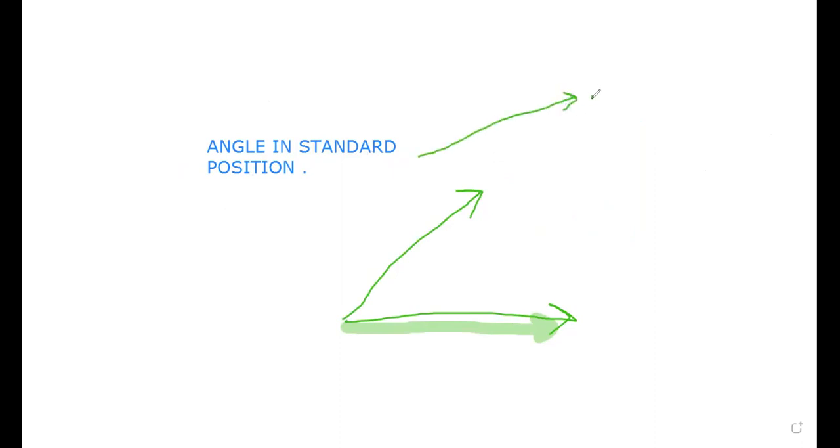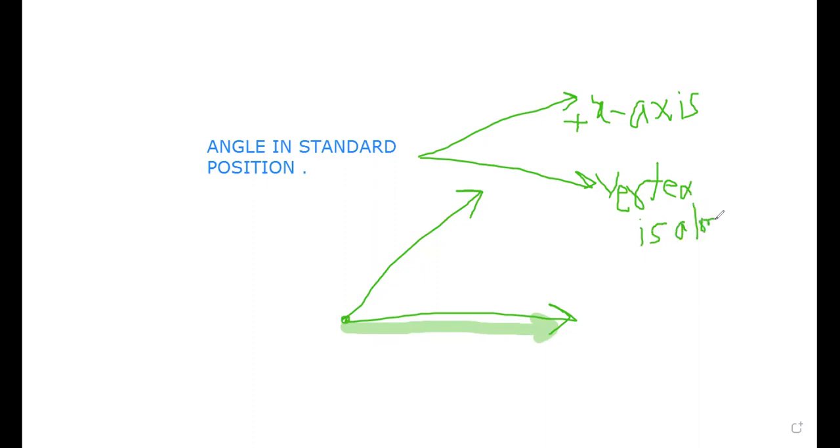First one, it is along the x-axis. Always it is along the positive x-axis. And the second property is that the vertex of this angle is at the origin.